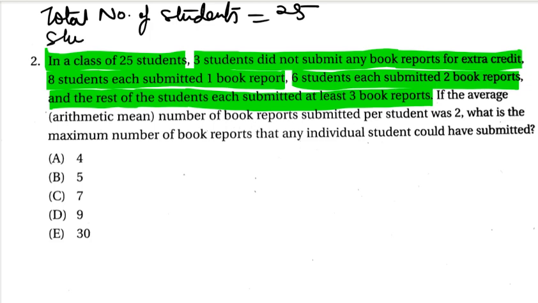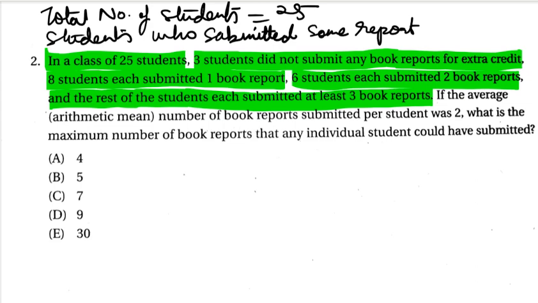Now students who submitted some report or none is equal to 3 plus 8 plus 6, that is 17 of them. 3 of them submitted 0.